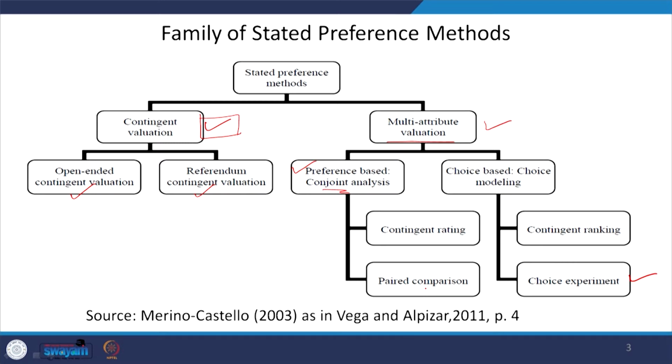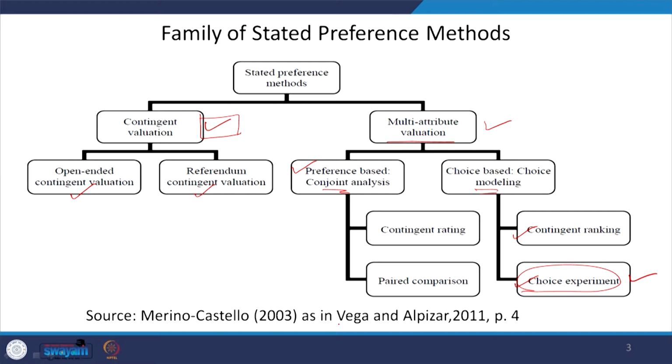Likewise, the choice based method can be of two types: one is the contingent ranking and the second is the choice experiment. However, we will be discussing the most common form of multi-attribute valuations, that is the choice experiment method.